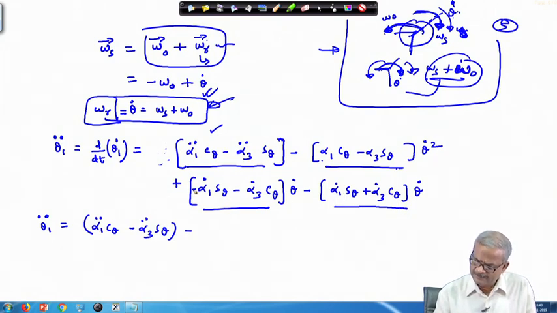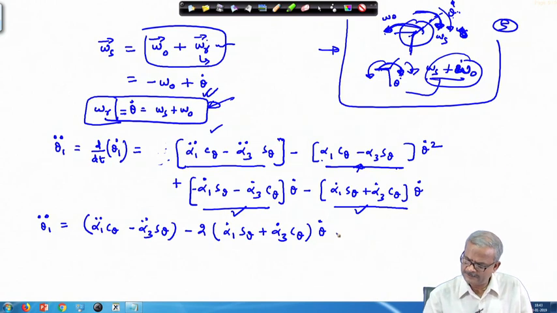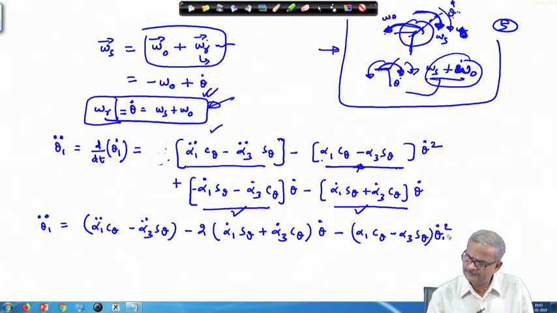So, here this minus minus it can be taken outside. So, this becomes minus this term and this term together, this becomes 2 times alpha 1 dot s theta plus alpha 3 dot c theta times theta dot, and then this particular term we have to consider here. So, this is alpha 1 c theta minus alpha 3 s theta times theta dot square.